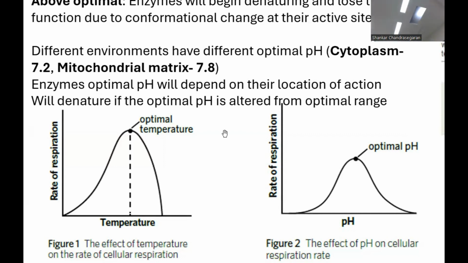So anytime we go above the optimal temperature range, that's the 3 things that you need to mention. First, enzymes are denatured. Second, conformational change at the active site. Third, due to that, they lose function. So you can just combine the second and the third one together. So by saying that there is a conformational change at the active site, it loses its function. You can get the best outcome.